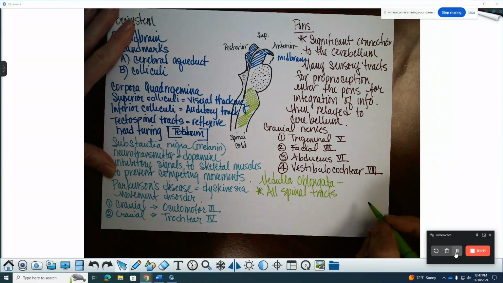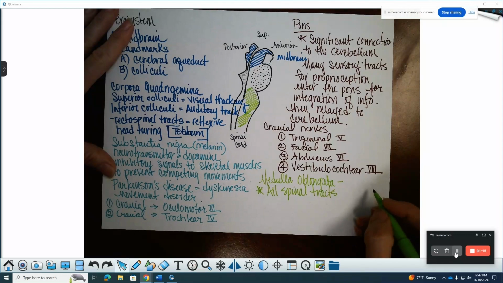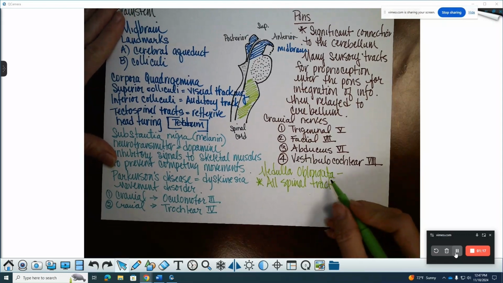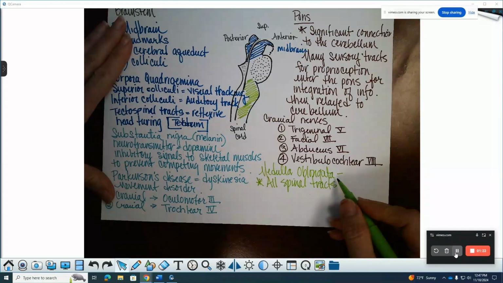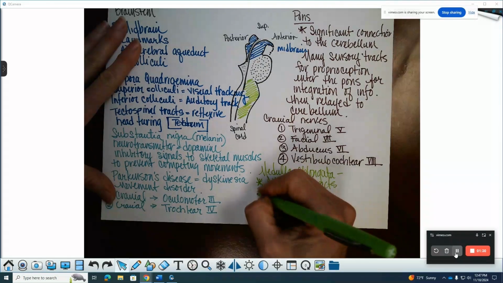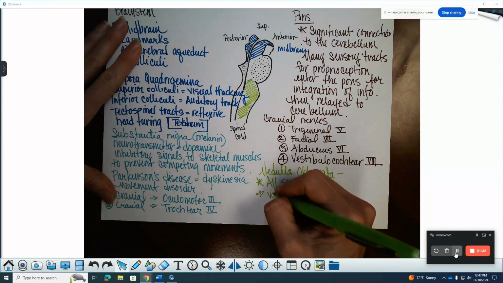Okay, in other words, all sensory coming up, all motor going down, everything passes through here. There's just a couple of things that I want to focus on for the medulla oblongata, and then we are wrapping it up. So there are a couple of very specific centers in the medulla oblongata.